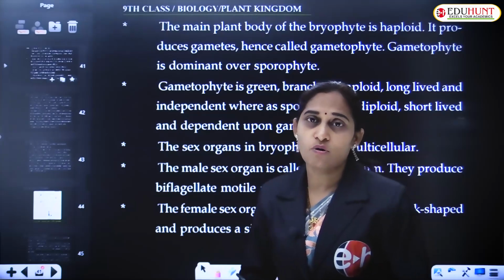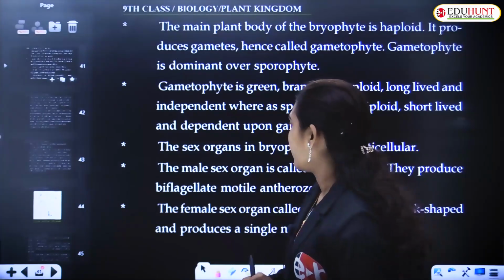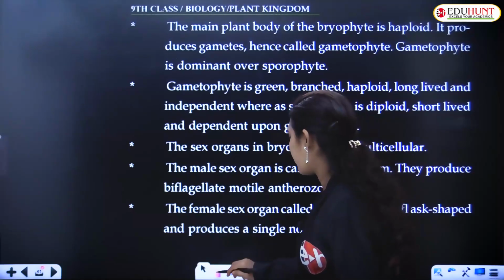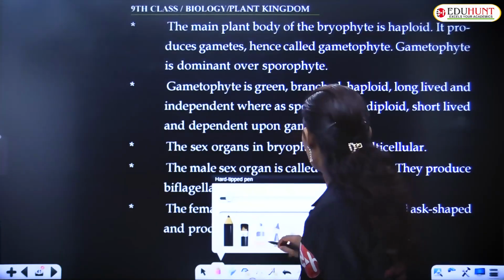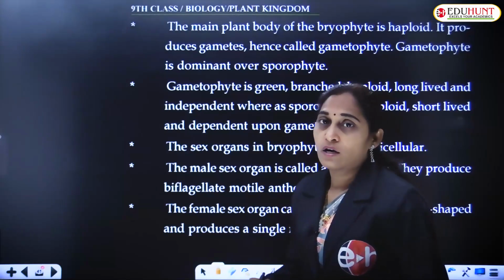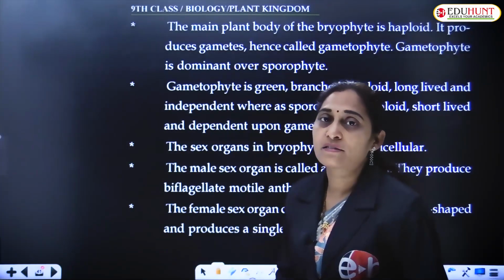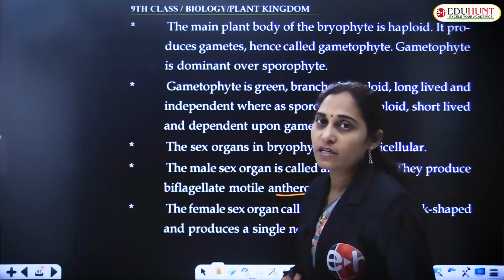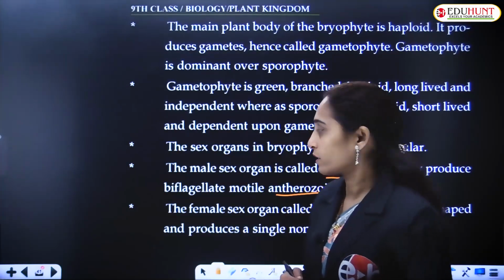The male sex organs are called the antheridia, and they give rise to male gametes called antherozoids, which are biflagellate in nature and swim in water.